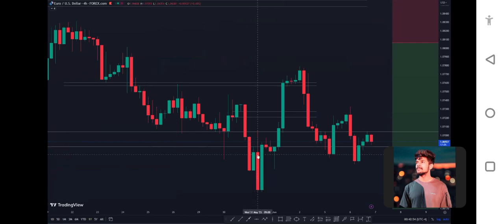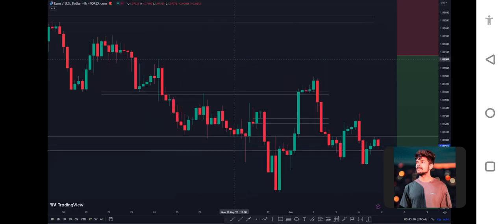Now I really need to see what this price is doing. Okay, so now obviously we can see there are a lot of levels here. Let me expand this one a little bit.